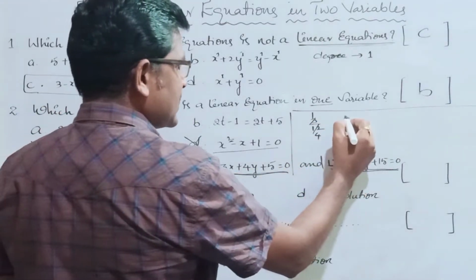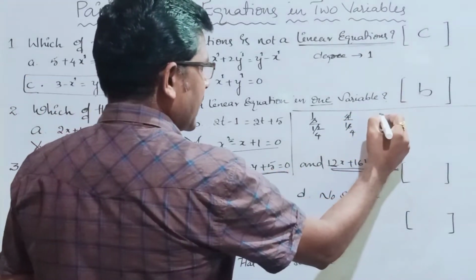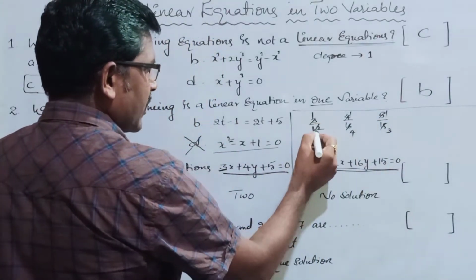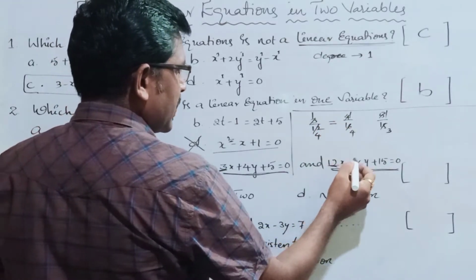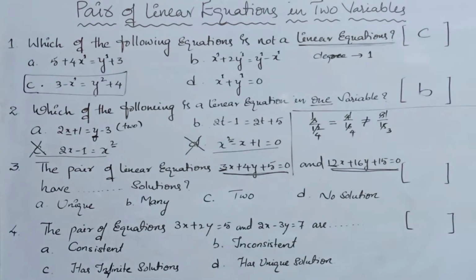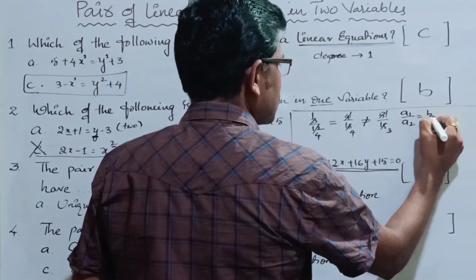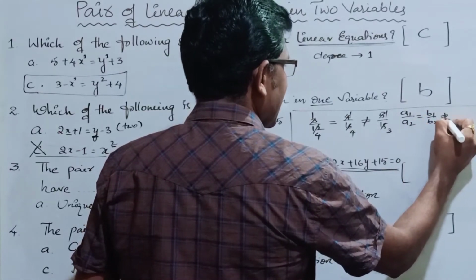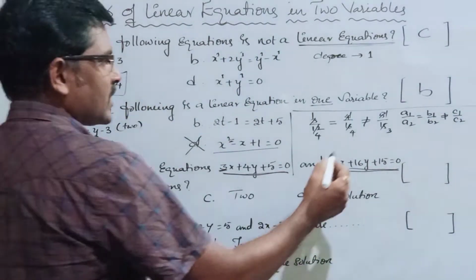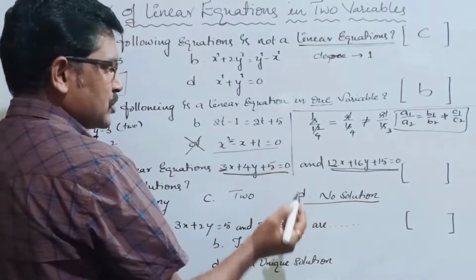Then b1 by b2 is 4 by 16, that is 1 by 4. Next c1 by c2 is 5 by 15, that is 1 by 3. So a1 by a2 is equal to b1 by b2 is not equal to c1 by c2. When a pair of linear equations satisfies this condition, we have no solution.